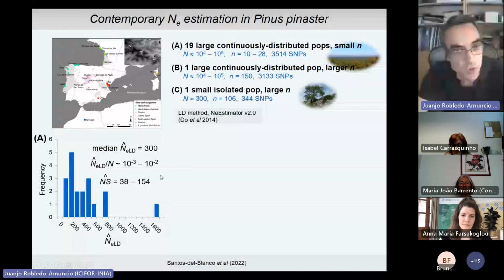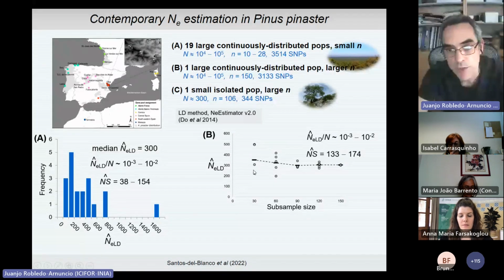And what we saw in the 19 large populations is that we got a median estimate of 300, which corresponds to a ratio between NE and N that is very, very small, 10 to the minus 3 to 10 to the minus 2. And interestingly, this effective population size estimate corresponds to the neighborhood size that we estimated independently.